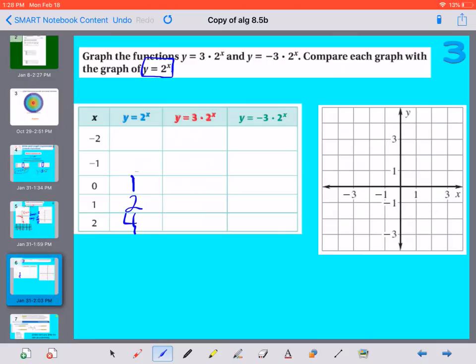2 to the -1 power, that's going to give us 1/2. Put that in my calculator to make sure. Yep, that's 0.5. And 2 to the -2 power gives us 0.25. So if we're going to graph that then, start at 0 and go to 1.